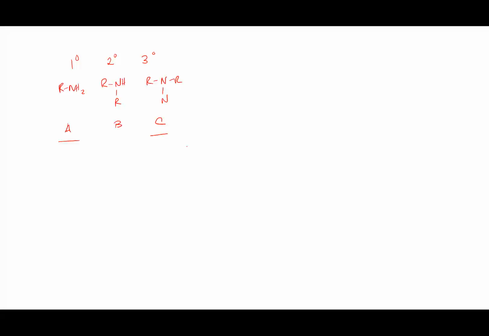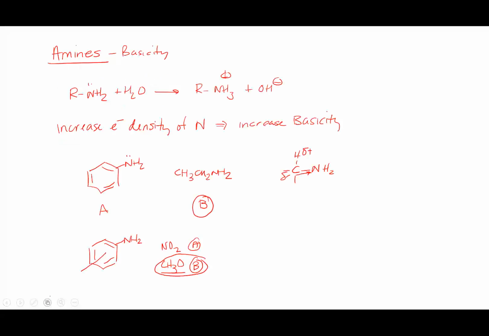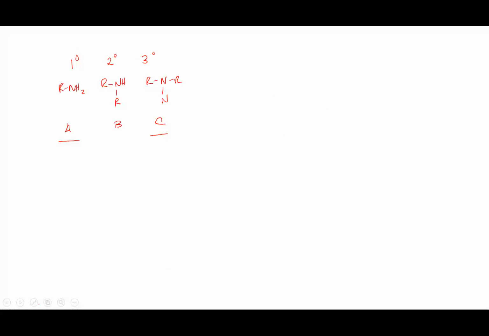What does each alkyl group do? Push or pull? Push. Like this. So each alkyl group pushes electron density into the nitrogen. And so the more alkyl groups, the more pushing of electron density. That's a good thing for basicity.